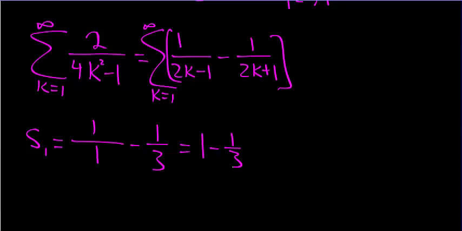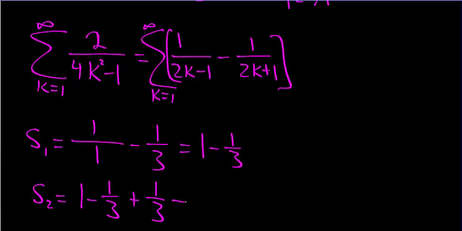Now, I'm going to find the second partial sum because I'm looking for a pattern. So right now, I don't really see any pattern. But I do the second partial sum. The second partial sum is going to be the first partial sum, and then me putting in 2 for k. So this is going to be 1 over 4 minus 1, which is 1/3. Do y'all see that?